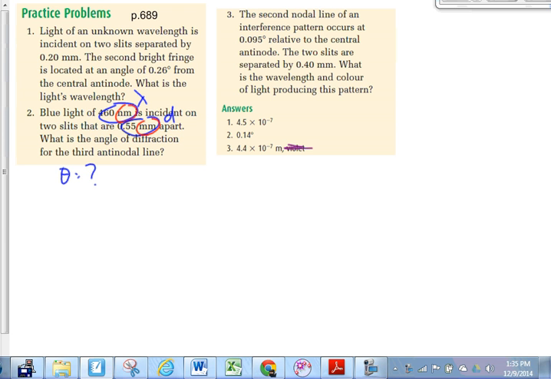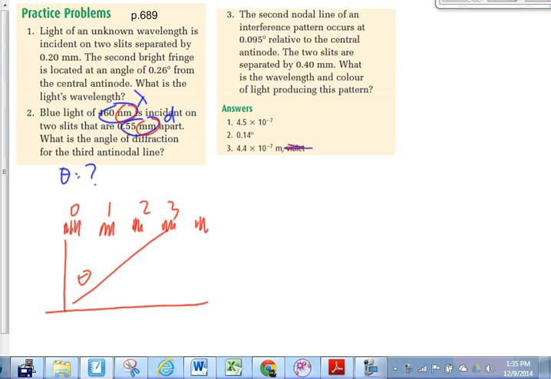So here's my central 1, 2, 3. We want to find this angle right there. What's n going to be for that? Jake, what's n for that one? 3. So you've got 2 equations. Since you're looking for the angle, you're probably going to use the one with the angle in it. Let's say lambda is equal to d sine theta over n.